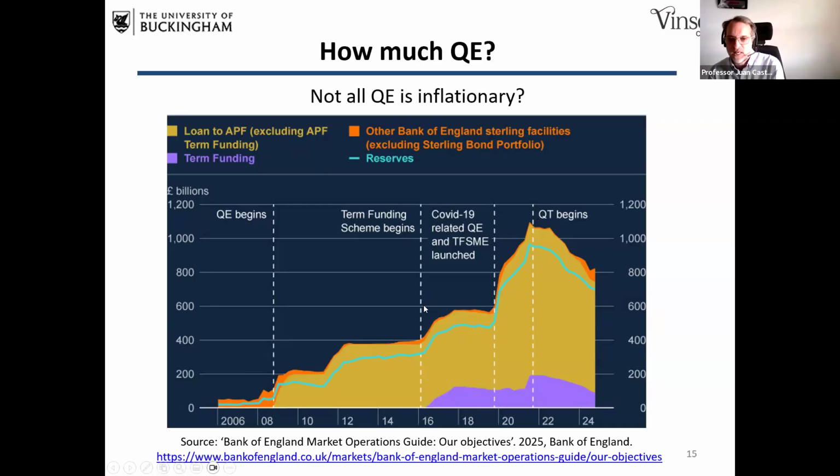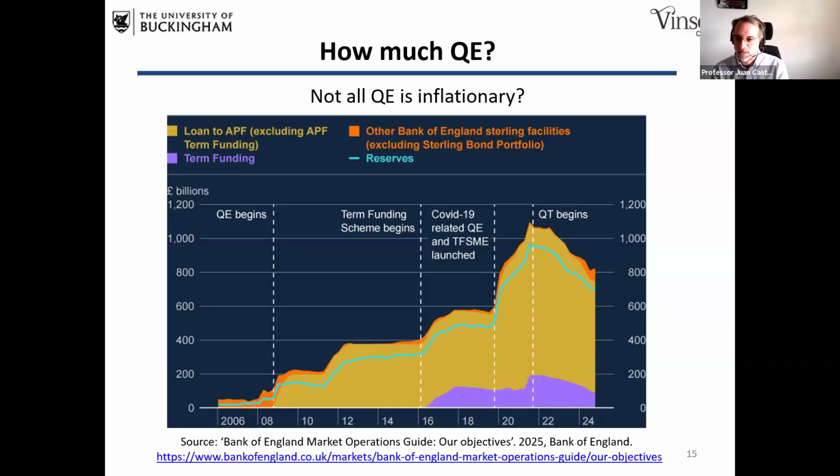Have all these QE operations been inflationary? No, not all of them. These first operations from 2008 to 2012 were not inflationary because they resulted in an increase in bank reserves at the Bank of England and not really in the amount of money available in the economy, not really in broad money, as I explained before. Was that inflationary?